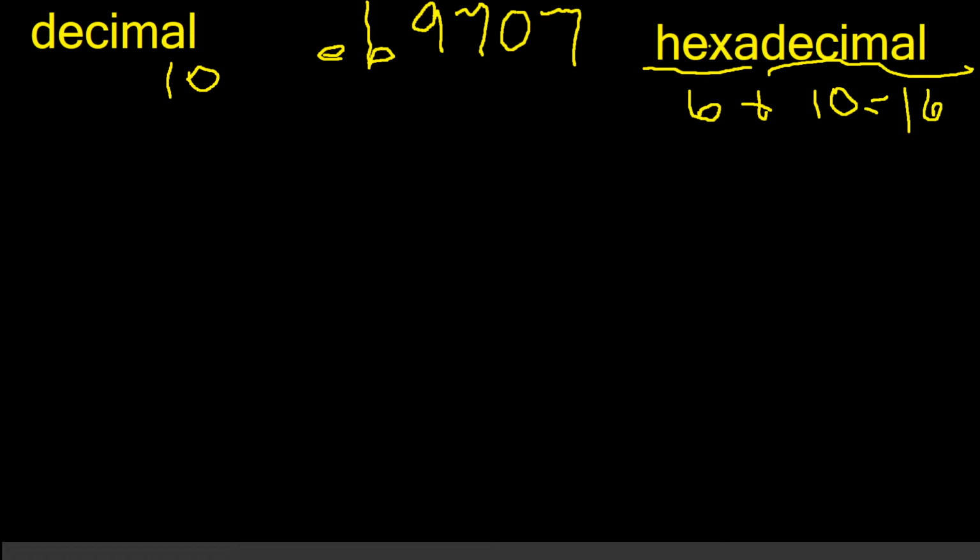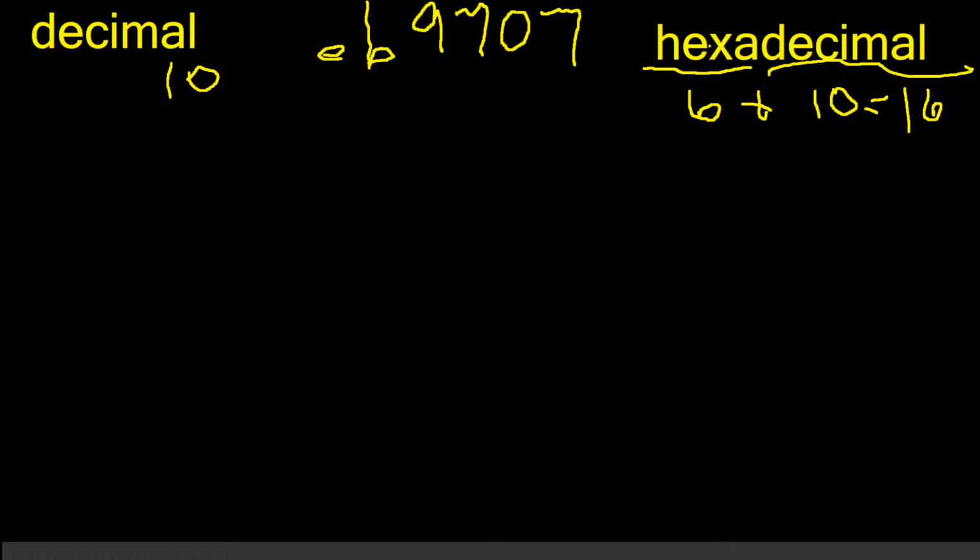So in our decimal numbering system, we only have 10 numbers that we use to represent numbers. 0 through 9. 10 doesn't exist. 10 isn't real. 11 doesn't exist. 11 isn't real. Right? 10 isn't a real number. 10 is just a 1 and a 0. 11 isn't a real number. 11 is just a 1 and a 1.